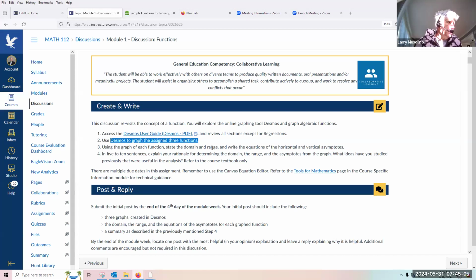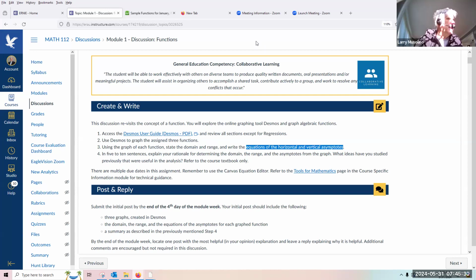I'll scroll down in a minute and show you how you'll know the assigned three functions. And then it says using the graph of the function, what is the domain, the range? What are the equations of any horizontal and vertical asymptotes?